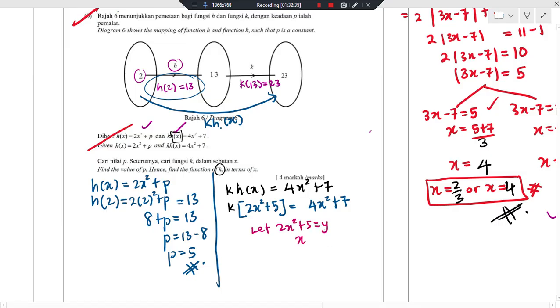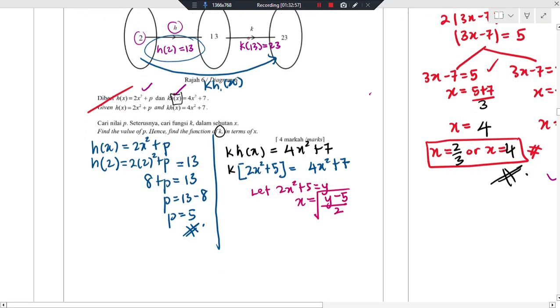Then 2 times x, so bawa pergi dia, bahagi. Then square pergi sana, square root. Okay, now substitute in. So dia akan jadi k(y) adalah, because this whole thing I substitute as y, and this one I need to substitute with this. And don't forget to square it, plus 7.